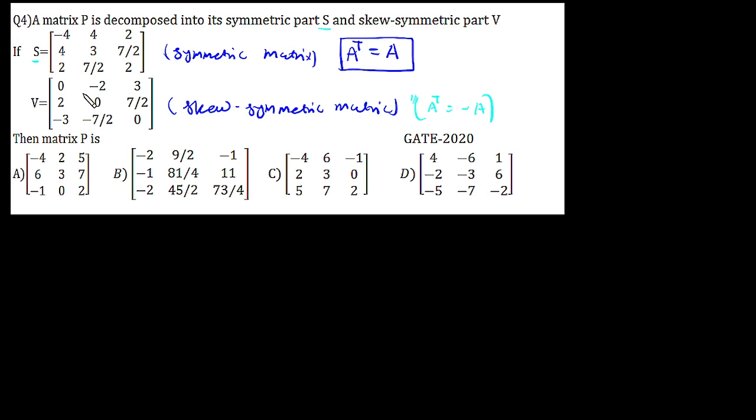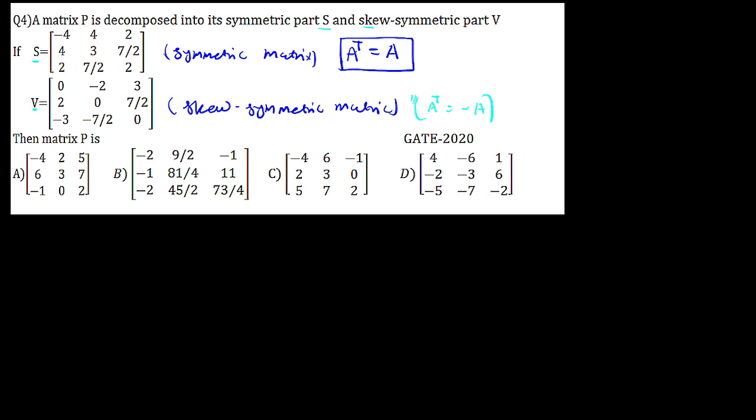Here we have negative 2, so here we have plus 2. Here we have plus 3, so here we have negative 3. Here we have plus 7 by 2, so here we have negative 7 by 2. So yes, this matrix V also satisfies the properties of a skew-symmetric matrix. So S and V are symmetric and skew-symmetric respectively, as given in the question.